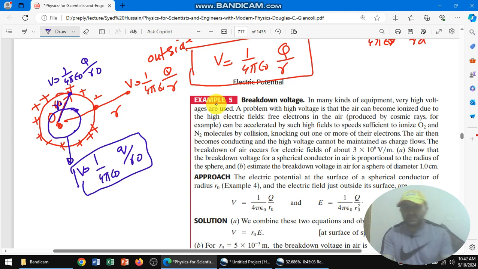The potential does not change throughout the inside, and it is the same as the potential at the surface.